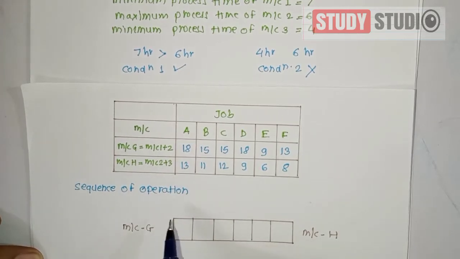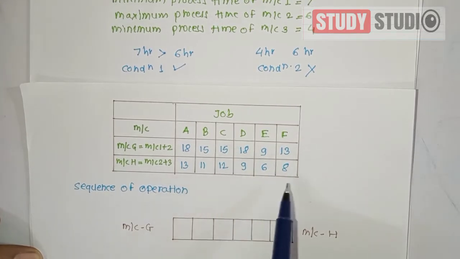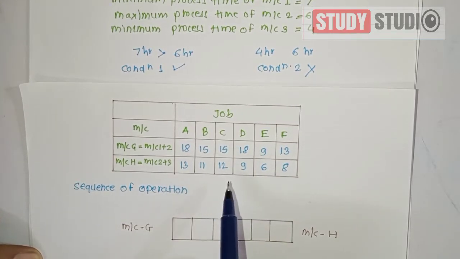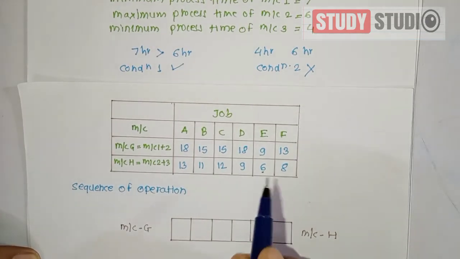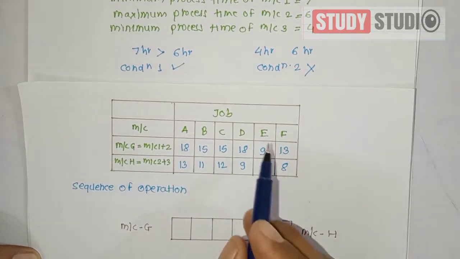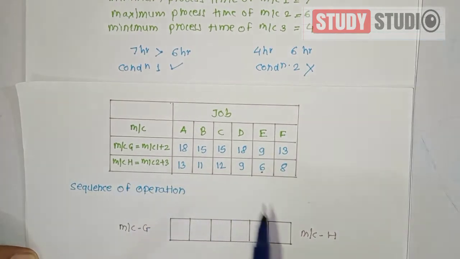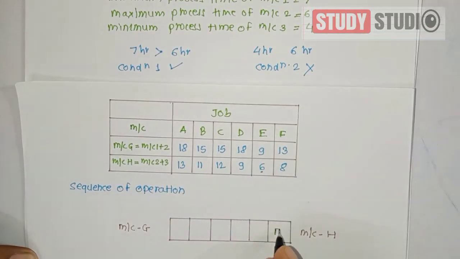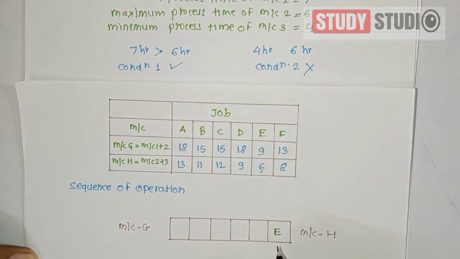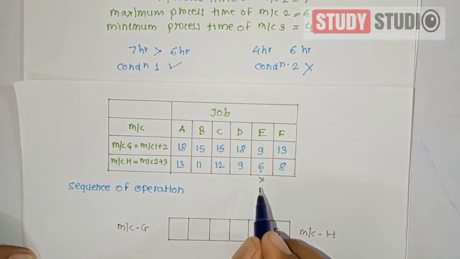Now to find this sequence, find out the minimum processing hours from this table. So the minimum processing hours are 6 hours. So these 6 hours are required by job E on machine H. So on the side of H, I'll write E. Cut this column, we will not refer to this column again.